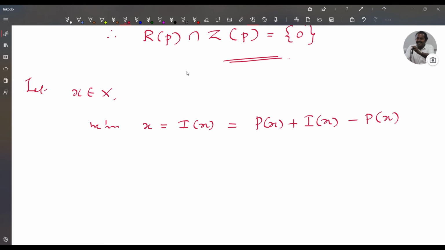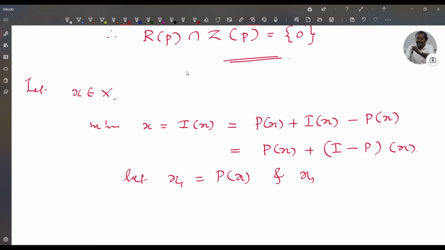So this is equal to P of x plus I minus P of x. So you let x1 equal to P of x and x2 equal to I minus P of x.